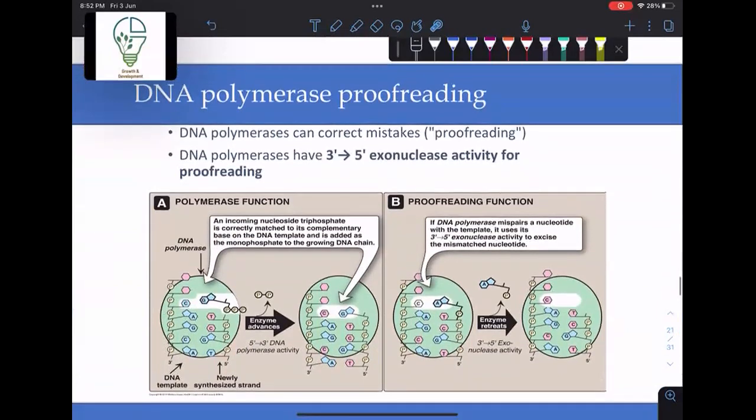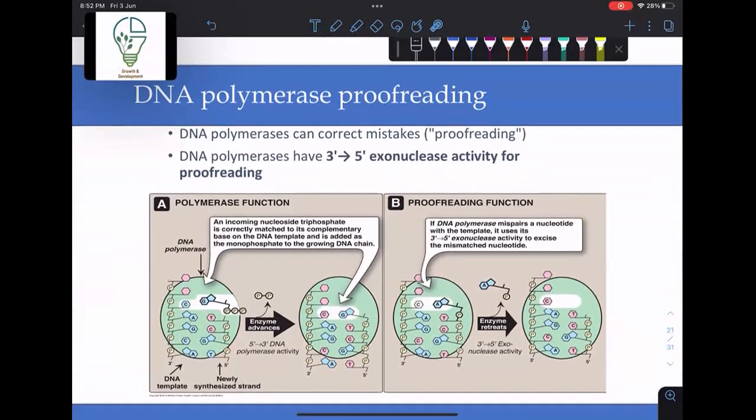Okay, so now the DNA polymerase. Once the DNA polymerase does its job, just like anything, it may have mistakes, right? It may have copied some nucleotide incorrectly, or it may have made a mistake. Thankfully, there is a very efficient process in our cells called the proofreading process, which is actually done by DNA polymerase itself.